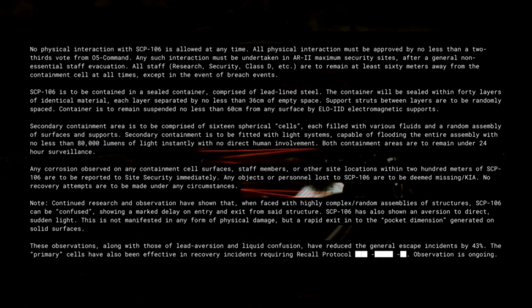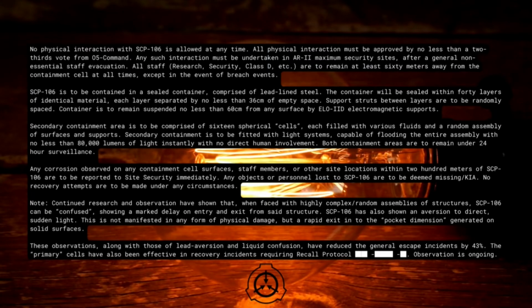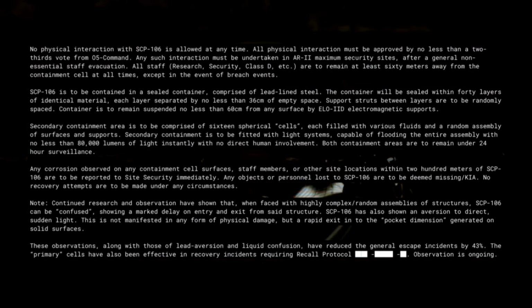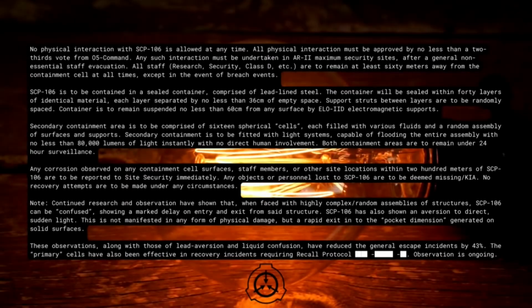Note: continued research and observation have shown that when faced with highly complex/random assemblies of structures, SCP-106 can be confused, showing a marked delay on entry and exit from said structure. SCP-106 has also shown an aversion to direct, sudden light.